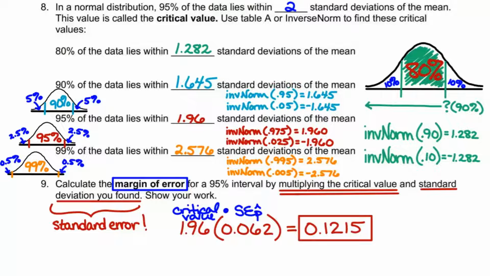We're going to finish the rest of this up tomorrow, but you need to have what your margin of error is, not your standard error, so that when you walk in tomorrow, you can do the next piece of it. So 1.96 should be the same on everybody's page, but your standard error of p hat will be unique to you and your partner.